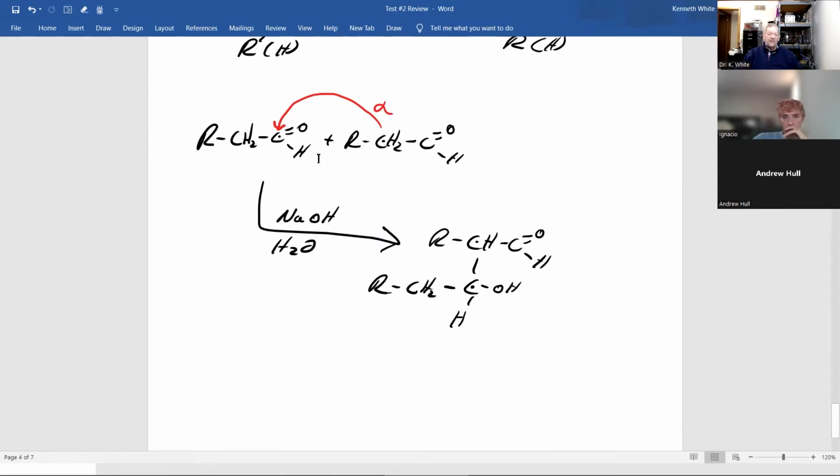The alpha carbon, you can take off a hydrogen and get an enolate anion, and the red arrow shows you how that attacks the other carbonyl, opens it up to an alcohol, and you form this bigger molecule called the aldol condensation. And the nice thing about the aldol condensation, you make a carbon-carbon single bond. Very rare, very special, very nice.